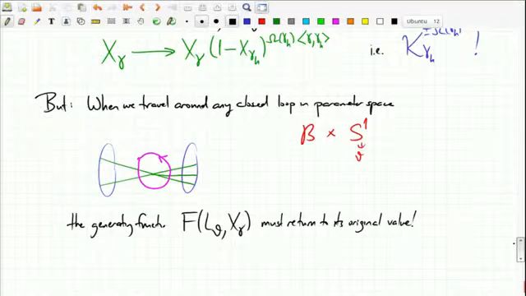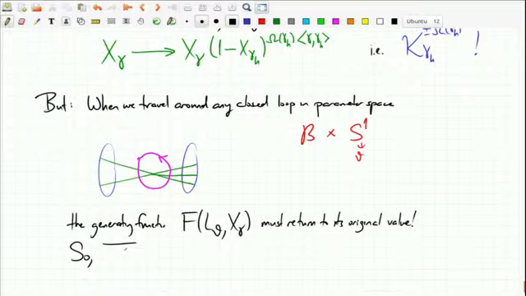So this complicated product of automorphisms now. If I travel around this path, this loop P, it's a product over all the places where P intersects C, just like I wrote before. In this case, it would be a product over 5 places.